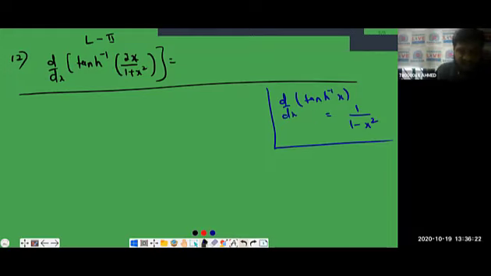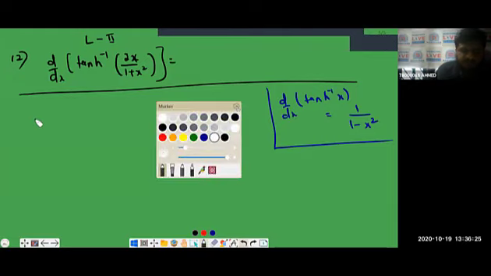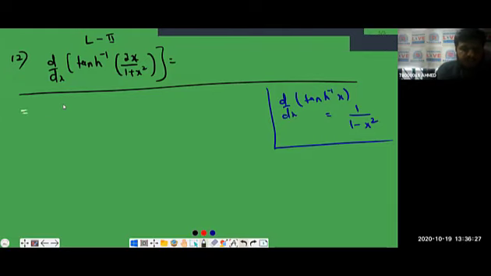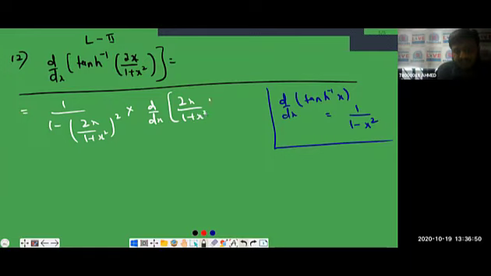So this is equal to 1 by 1 minus x, why? Because d by dx of tan h inverse of x is 1 by 1 minus x square. Here x is 2x by 1 plus x square whole square, into d by dx of 2x by 1 plus x square.